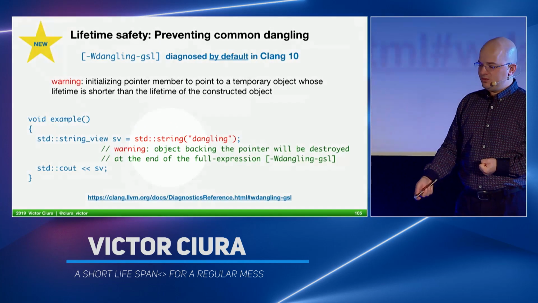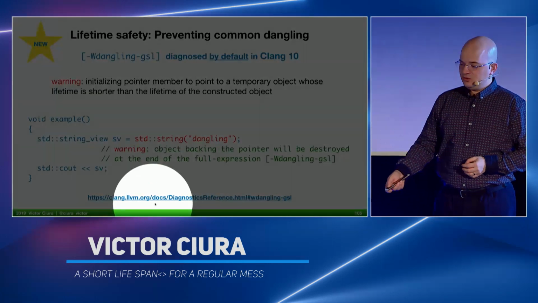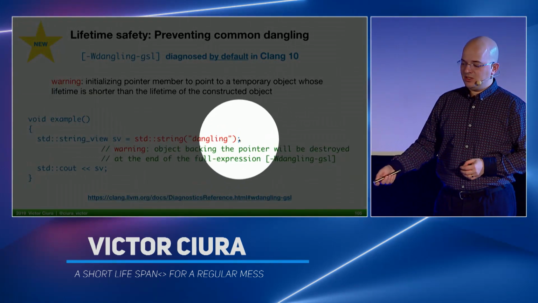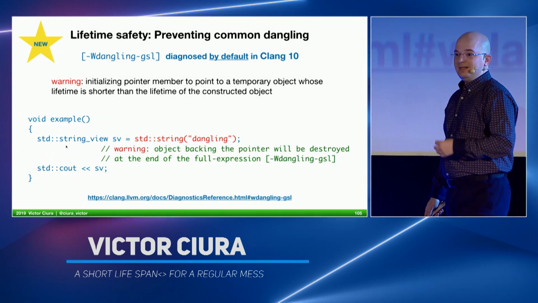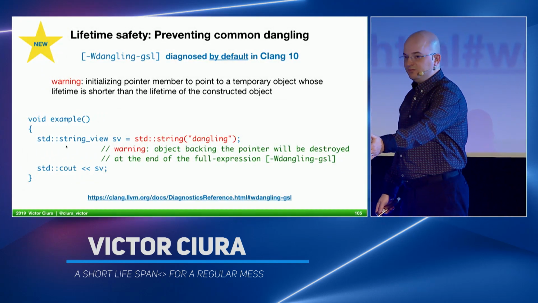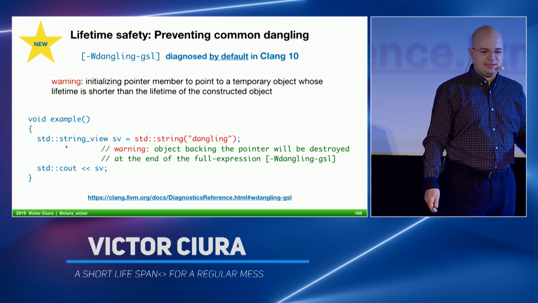It tells us the exact same thing, but in a nicer diagnostic. It tells us that the object backing the pointer will be destroyed at the end of the full expression, and the end of the full expression is this semicolon here. So that's why we get warned. It's nice that we have this built in now. We don't have to rely on static analysis or a clang-tidy check.